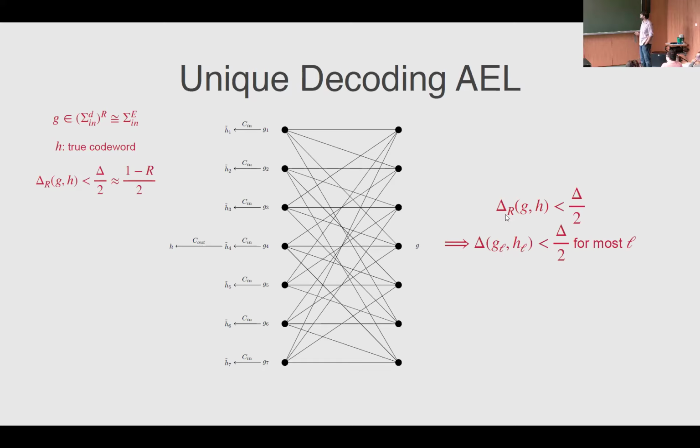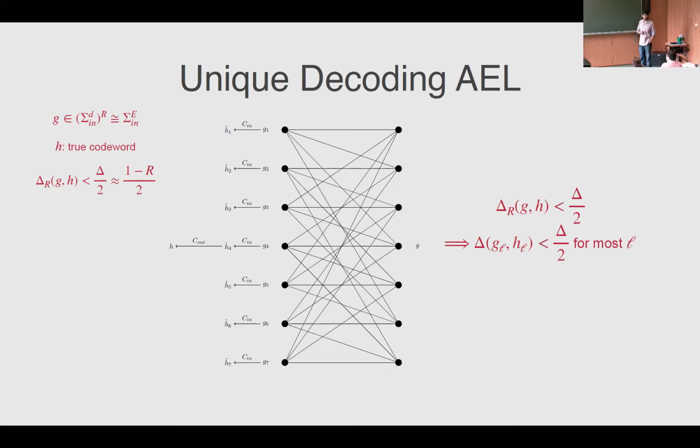They have a certain distance on the right, and each vertex here does a good job of witnessing that distance. And this concentration is super strong. So you can say that the distance between g_L and h_L is less than delta over 2 for all but a fraction of vertices that only depends on lambda. And by decreasing lambda, I can make it as small as I want.